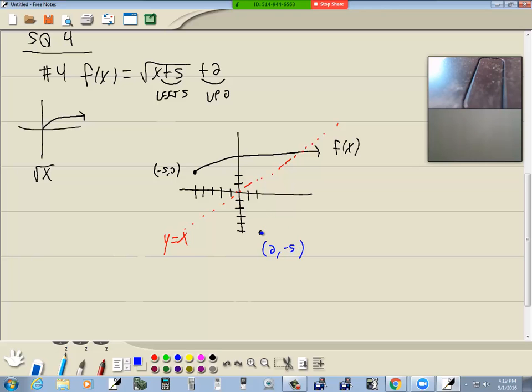Because the plus 2 here means your graph shifted up 2 units. And when the number's inside with your x, it shifts left to right. In this case, left 5. Because it's opposite of what you'd think. The plus 5 would make you think it goes right 5, so it really goes left 5.